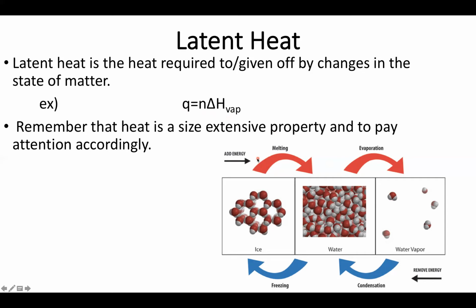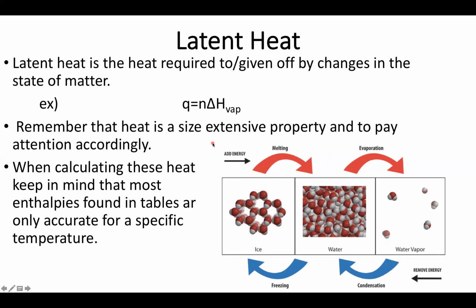One of the things you need to make sure you watch out for, a lot of our enthalpies of vaporization and fusion are going to be given as size intensive properties or molar properties. And heat is a size extensive property. So always make sure you keep track of exactly what you're heating and how much of it you have. This ends up becoming a very important feature.